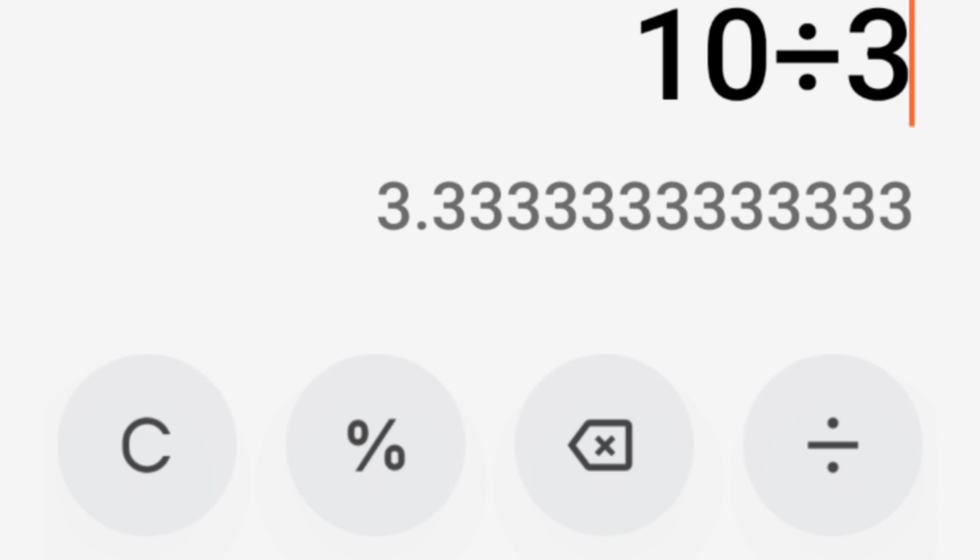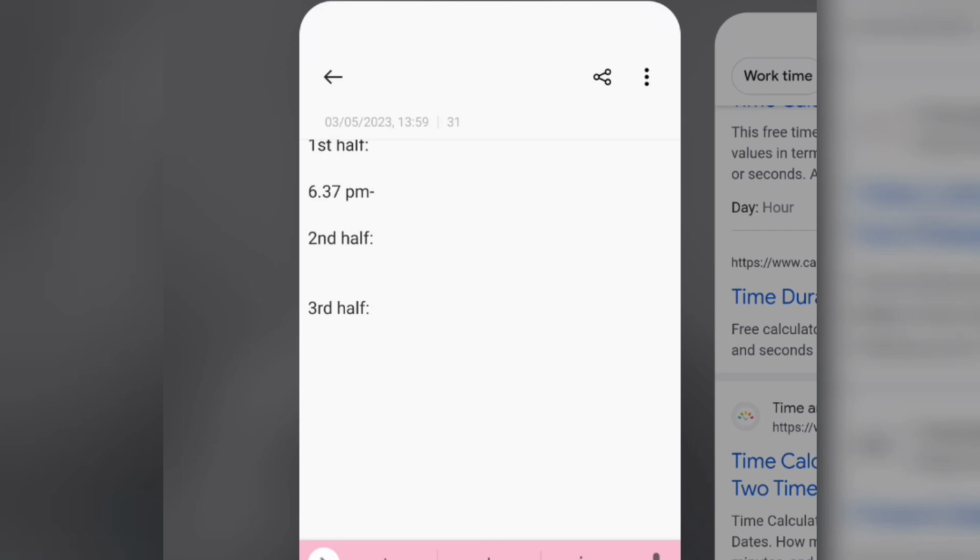Moving on, I will be explaining the time slots, how you are going to divide the first part of the night, the second part and the third part. So let me just switch to the notes. Here I have mentioned first, second and third. My first part will start from the sunset time, that is 6:37 p.m., which we saw on Google for my city.